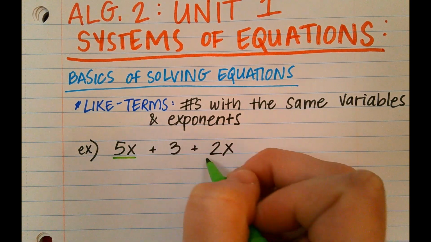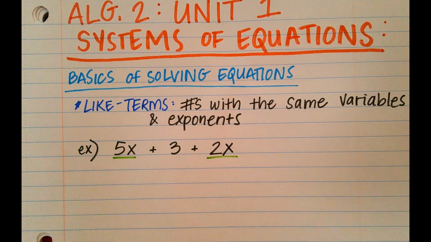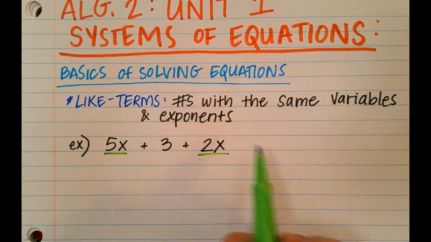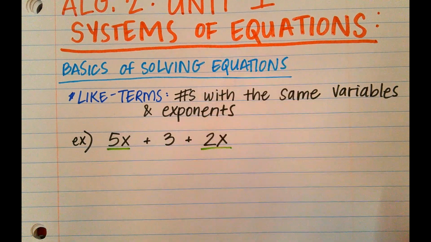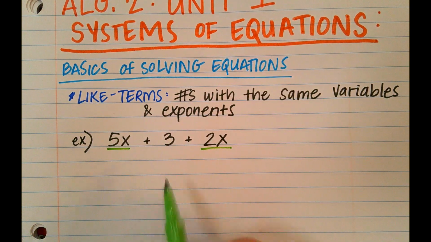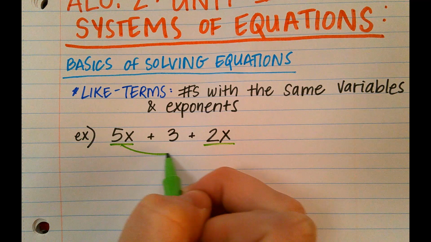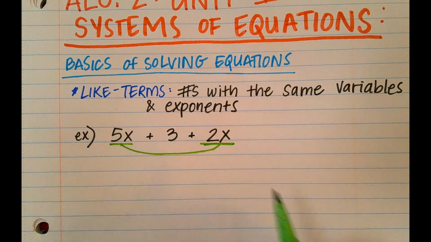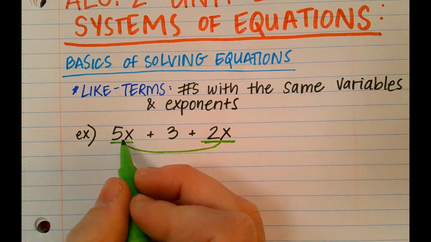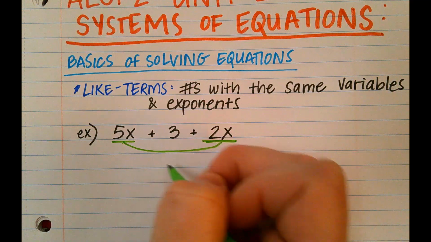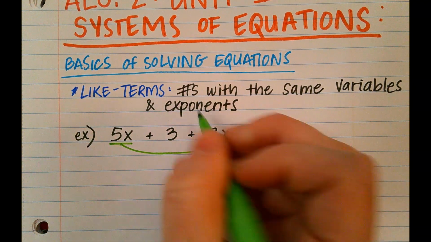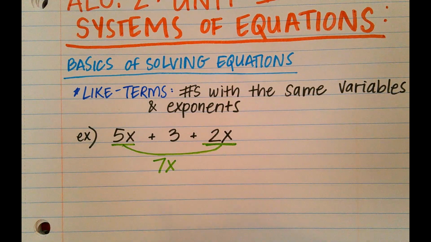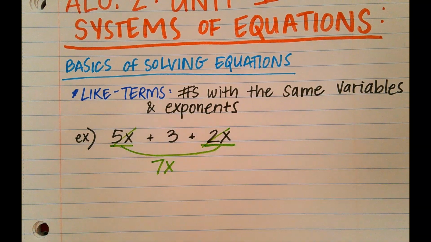These are like terms. So whenever I have like terms, as long as they're over here together on the same side of the equal sign, we can combine these. And when I say that we combine them, I just mean we add them together. So 5x plus 2x would give us what? 7x. Good. So those get combined to make 7x.